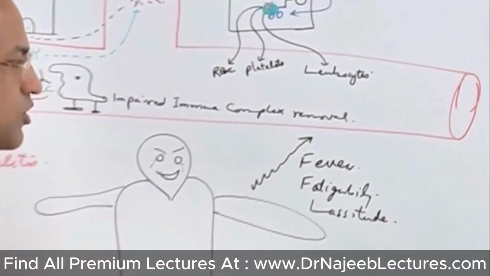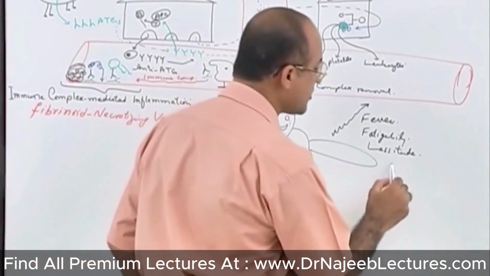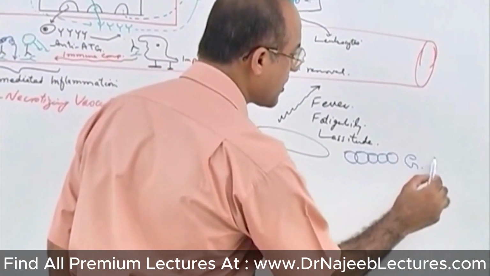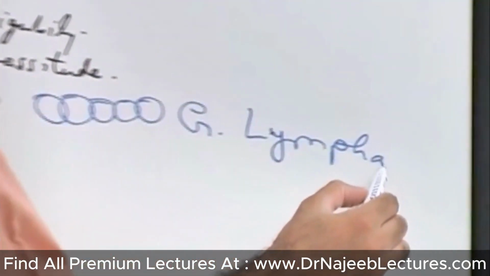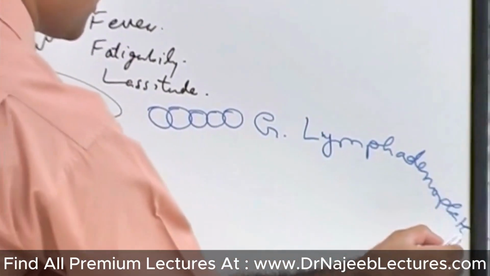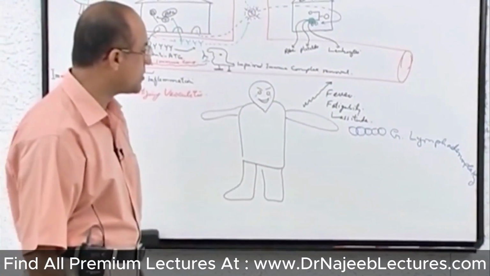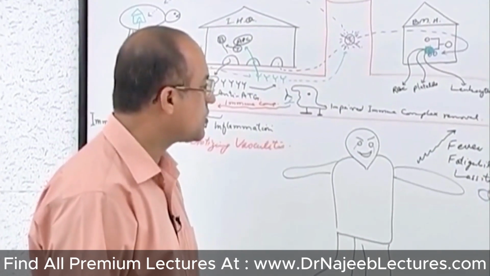And with these constitutional features, the patient will develop generalized lymphadenopathy. Lymph nodes start enlarging, because multiple lymph nodes in the body start enlarging.